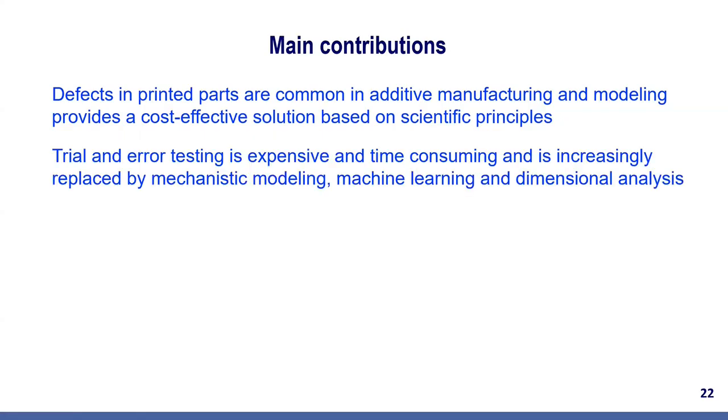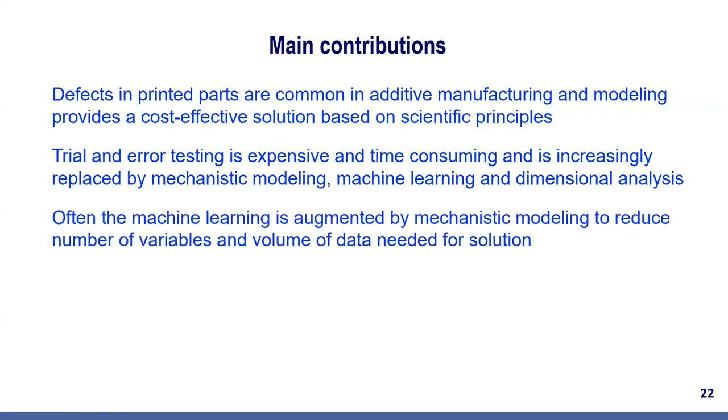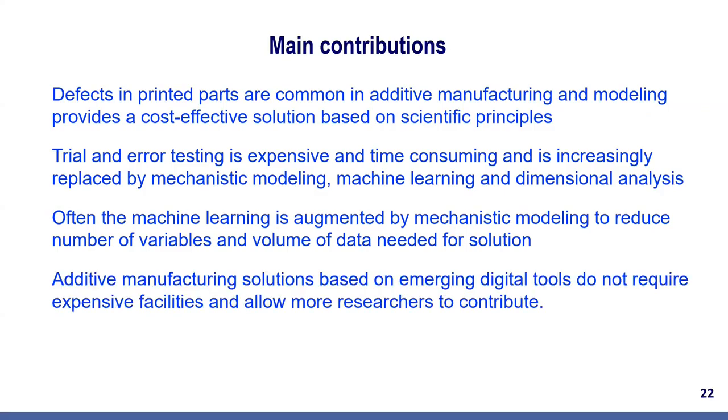Empirical trial and error experiments are expensive and time-consuming, and they are increasingly replaced by mechanistic modeling, machine learning, and dimensional analysis. Often the machine learning is augmented by mechanistic modeling to reduce the number of variables and lower the volume of data needed for the solution.